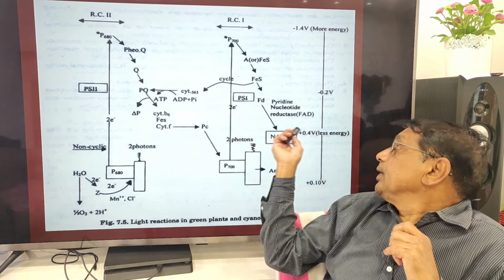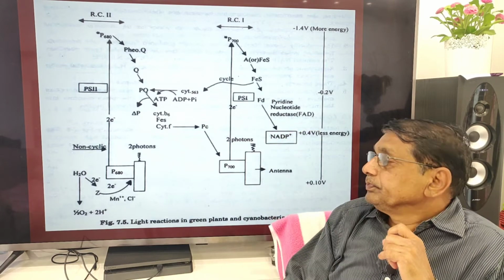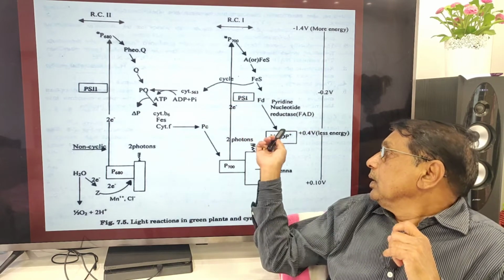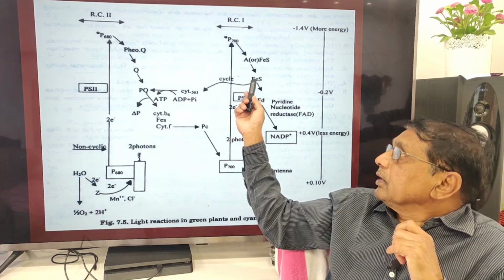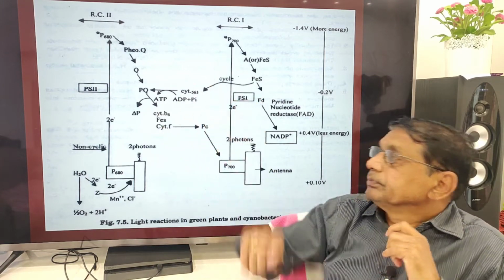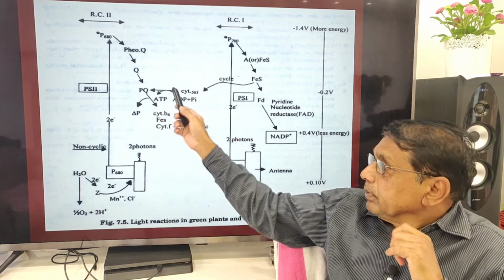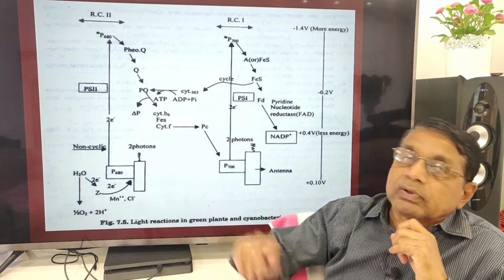It becomes NADPH by accepting the electrons. Sometimes the electrons may come back to this. In that case, it will be known as cyclic photophosphorylation.